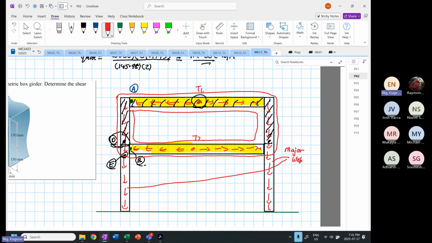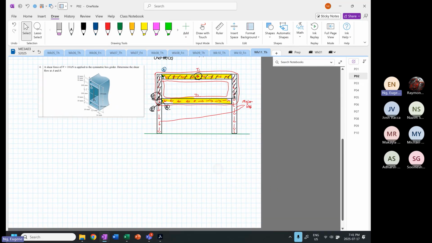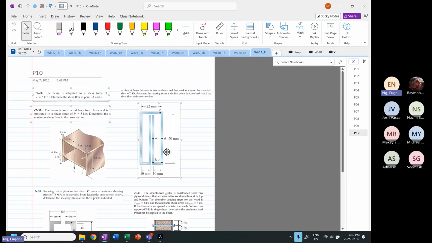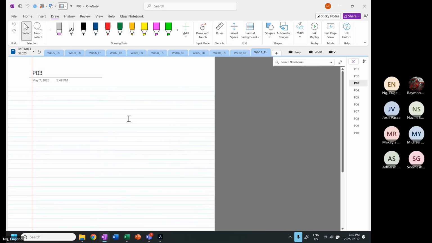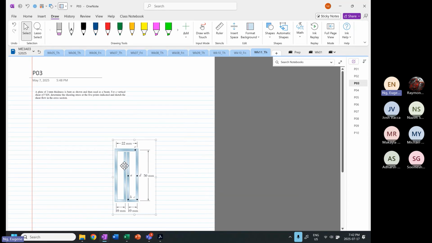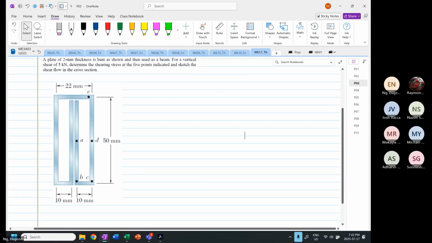Okay. So that is how you have to make a decision on where to choose your first moment of area. Okay. The next example that I want to do is one of the most difficult questions in thin wall analysis. As I said, it is the most difficult, because you have to know how to apply the rules very well.